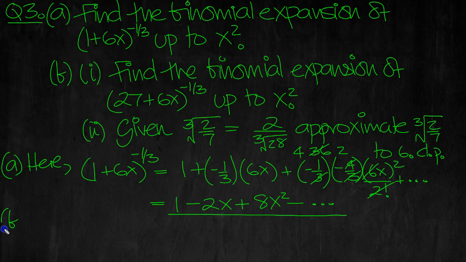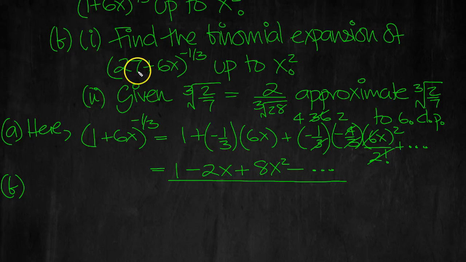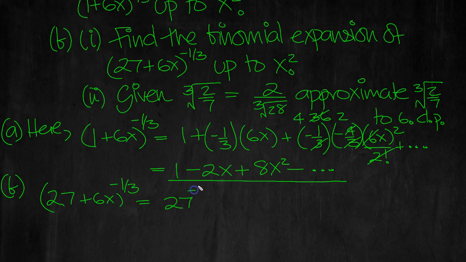Now part B. Find the binomial expansion of this up to x squared. Well, the 27, we can take that outside a bracket, can't we, and make it look the same as this. So 27 plus 6x to the minus 1/3 is equal to 27 to the minus 1/3 when we use properties of indices.